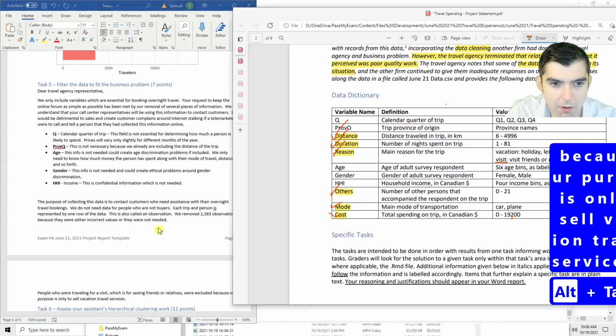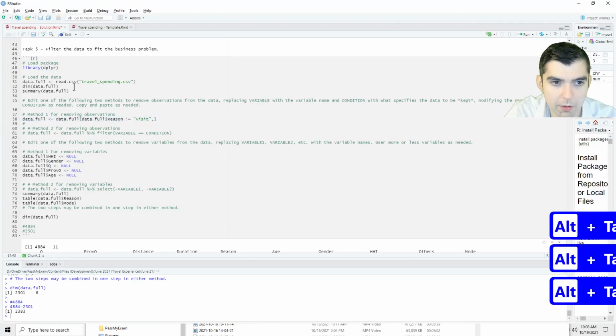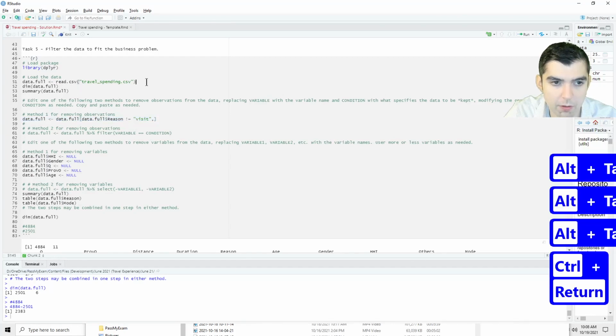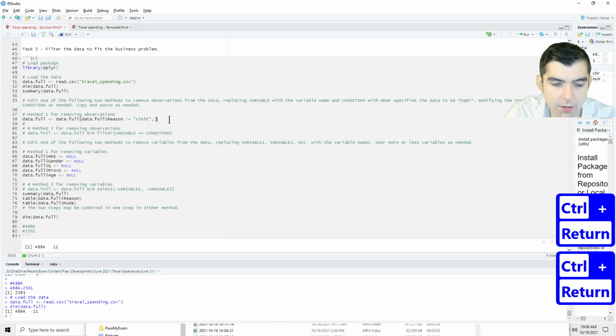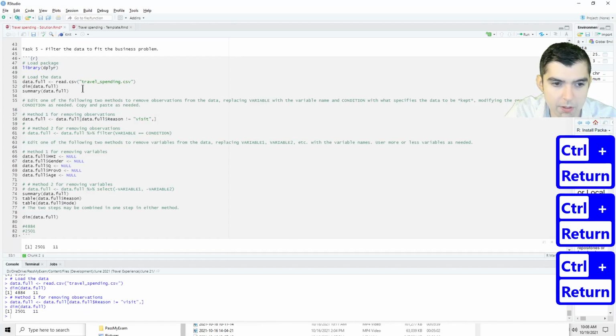Is that where all the values that we removed came from? Like if I look at this, okay, data full, dimension, and then I remove the values, and then the dimension. Yeah.